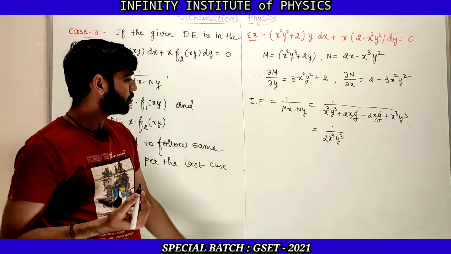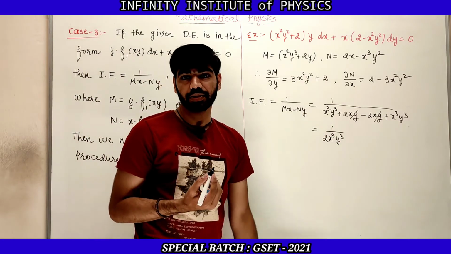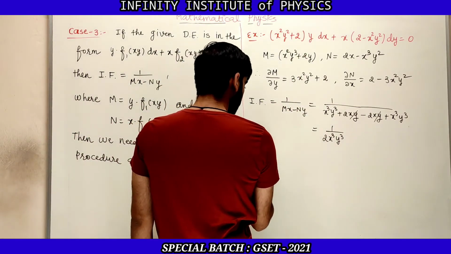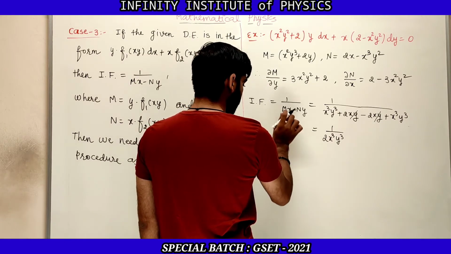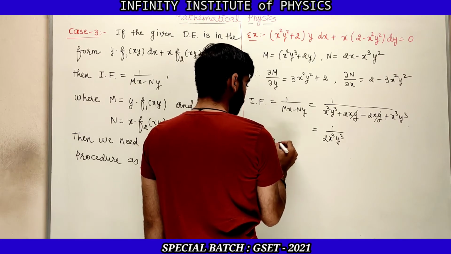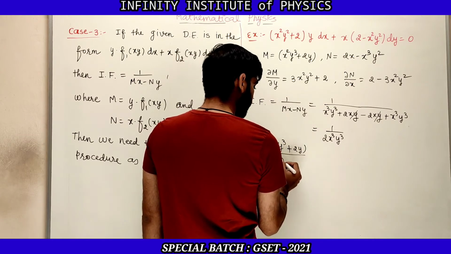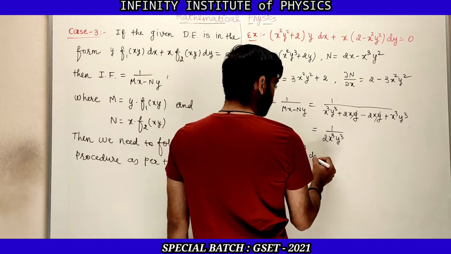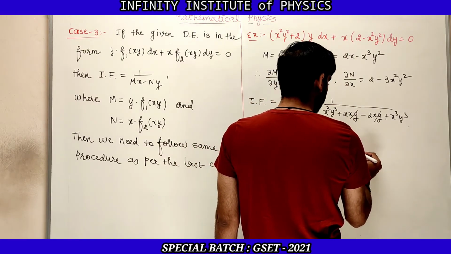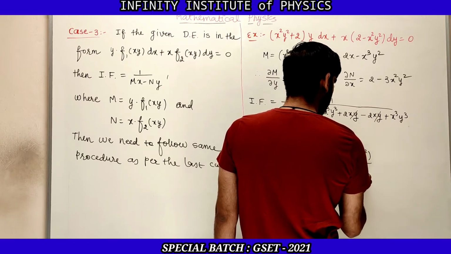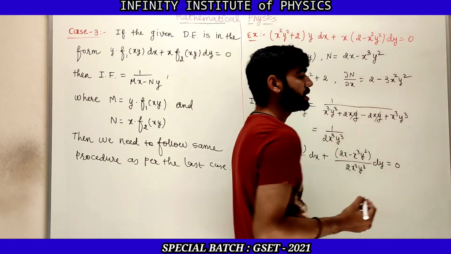And now we need to multiply the given differential equation by this integrating factor, 1 by 2x cube y cube. So the differential equation that we have, (x square y cube plus 2y) upon 2x cube y cube dx, plus (2x minus x cube y square) upon 2x cube y cube dy, is equal to 0.